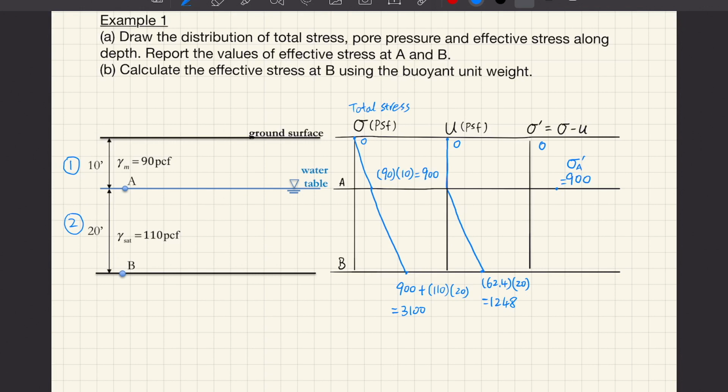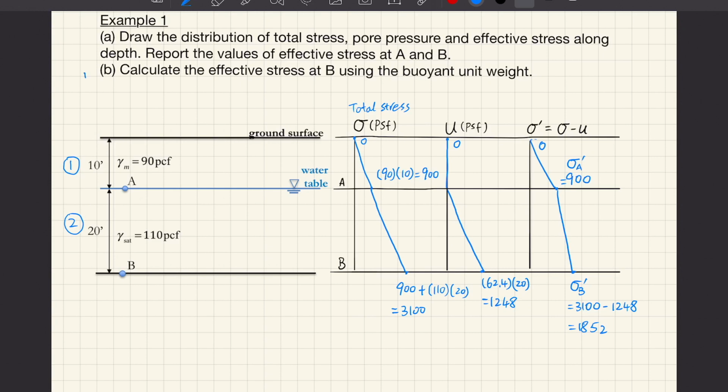And then at point B, sigma B prime equals 3100, that's the total stress, minus pore pressure 1248, and you get 1852. So that's sigma B prime at point B. You connect these points, and you get the profile of these stress values along depths.